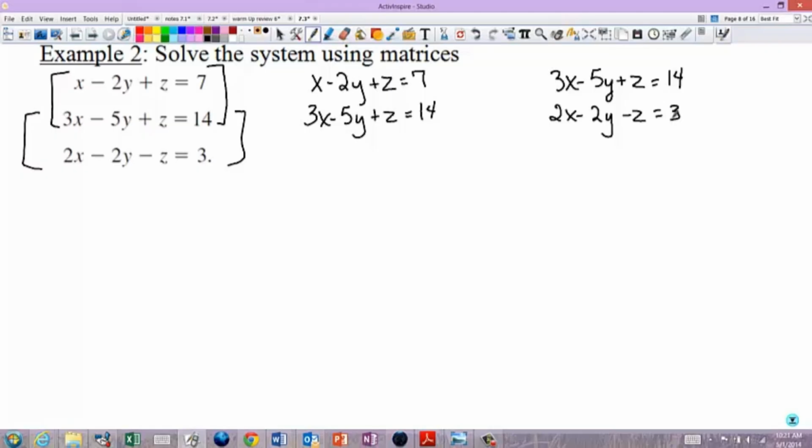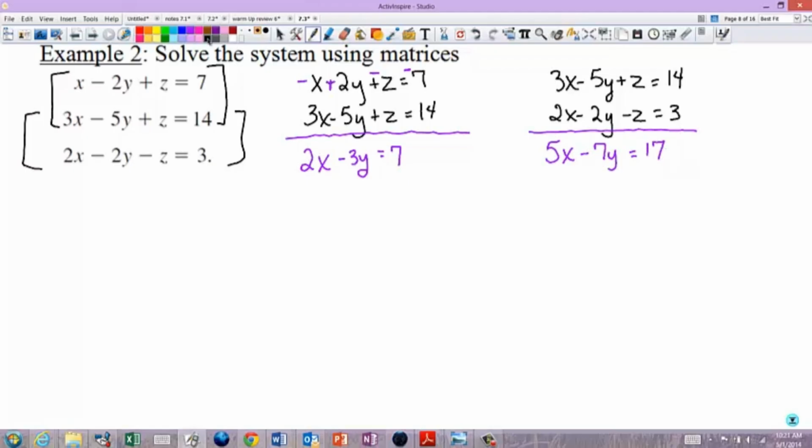So I'm looking at it, and I think the z would be the easiest, because on this one you could already just add straight down and get rid of the z. On this one, if I multiply the top by a negative 1, so if I change all my signs and add straight down, negative x plus 3x is 2x, 2y minus 5y is negative 3y, negative 7 plus 14 is 7, and then I add straight down here, 5x minus 7y equals 17.